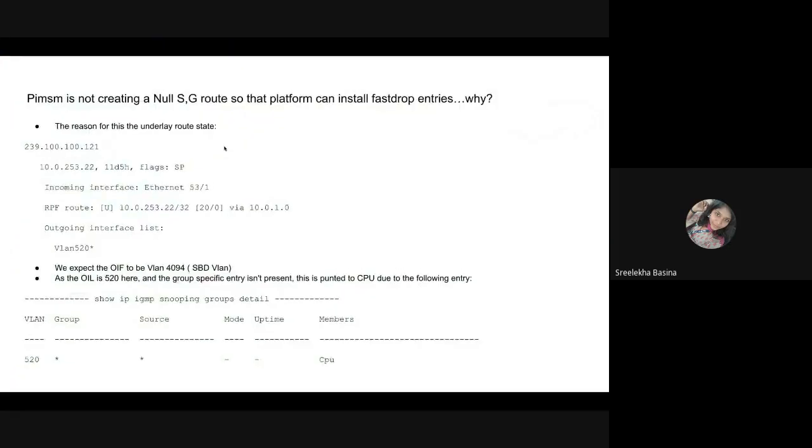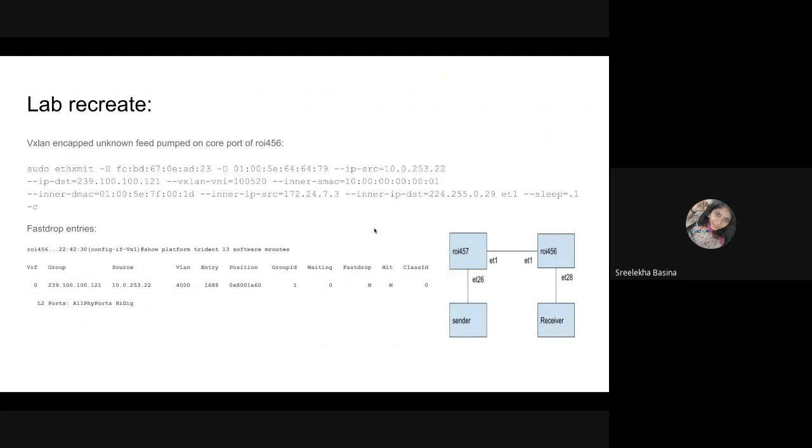Another question that I had, when the customer actually reported this issue and I was discussing with Aniket: how is it possible that an unknown feed can come on a VTEP? It's not like general multicast.